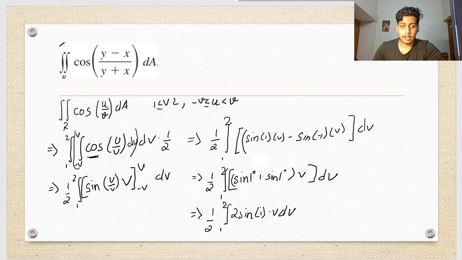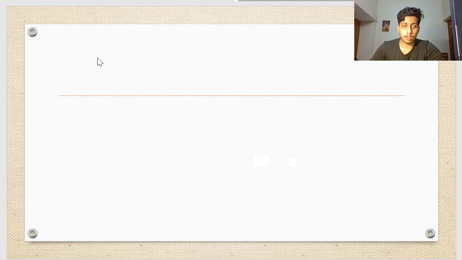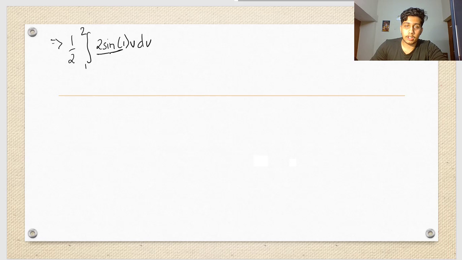Now moving to the next step. Our last step looks like half integral 1 to 2 of 2 sine 1 v dv, and we know that 2 sine 1 is a constant, so it will come outside the integration.